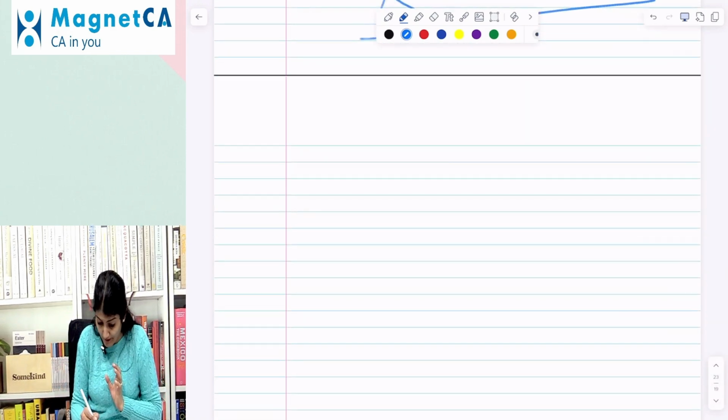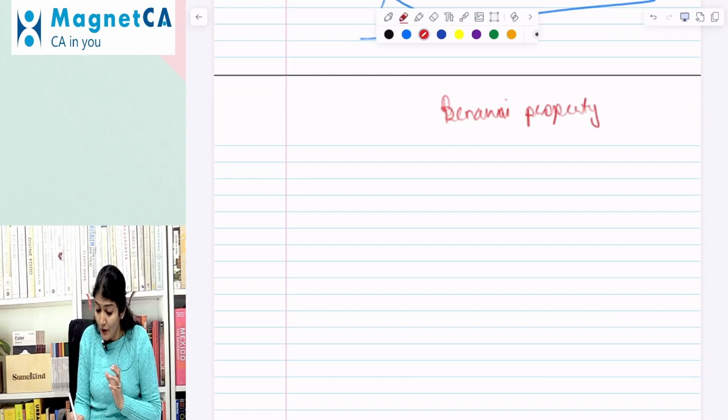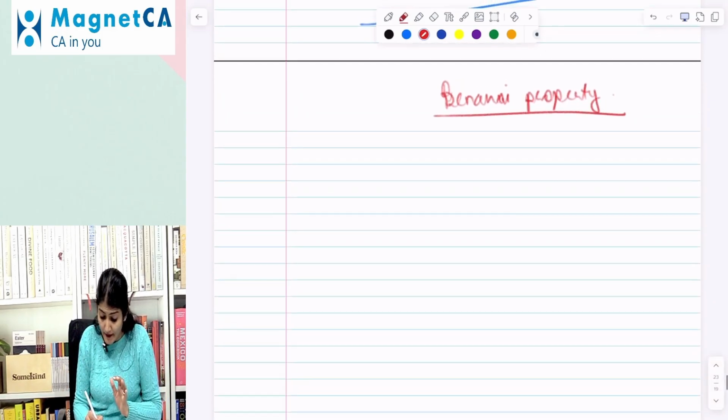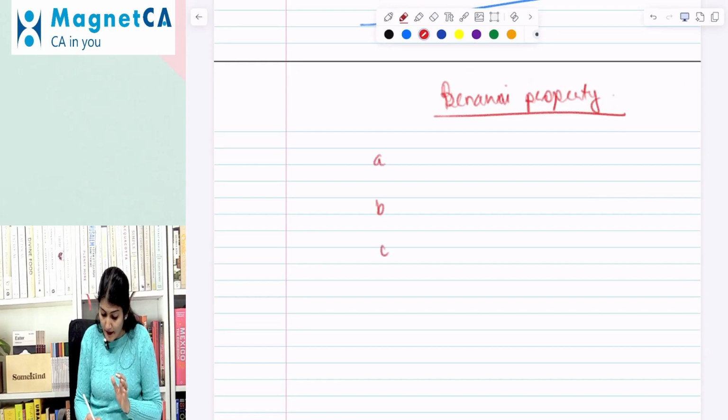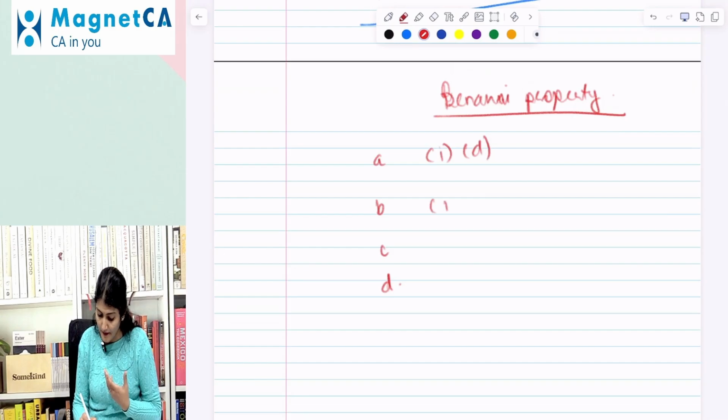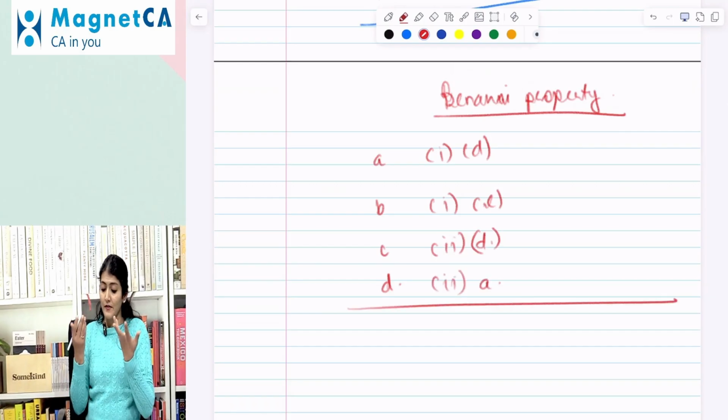Or another one, like, the details of the Benami property. The details of whether any proceedings have been initiated or pending for holding any Benami property is to be reported under A, B, C, D. Right? So again, they say it is to be reported under 1D, 1E, under 2D, or under 2A of the CARO 2020.